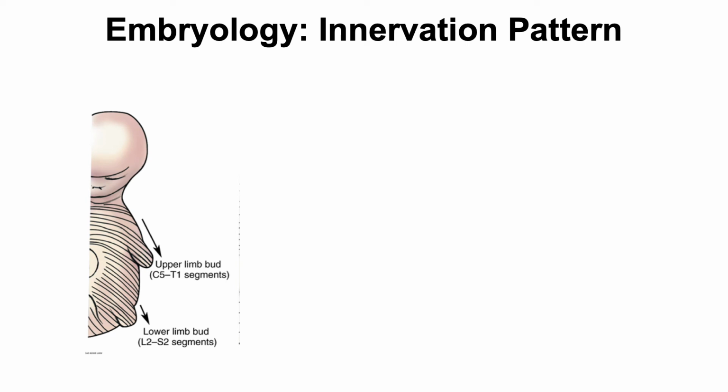When we talk about the cutaneous innervation of the lower limbs, we really need to start out with embryology. And that's because these dermatomes that are very kind of flat, especially in the chest area, and even to some extent in the arm area, actually change when we get to the lower limb.